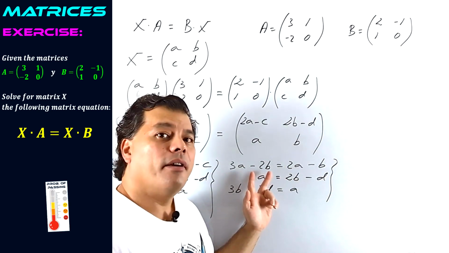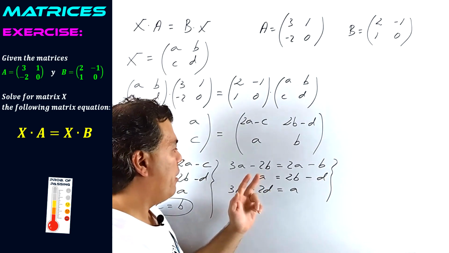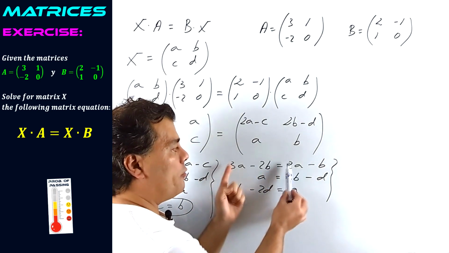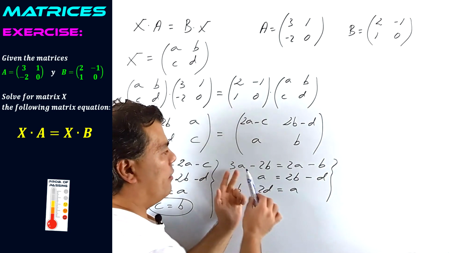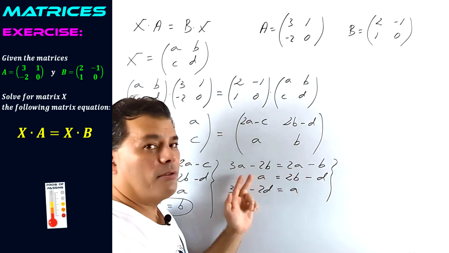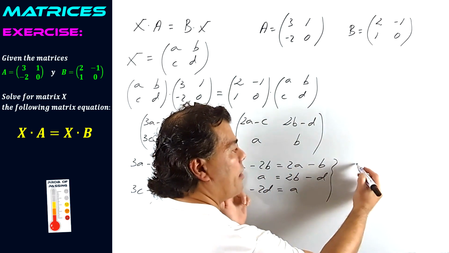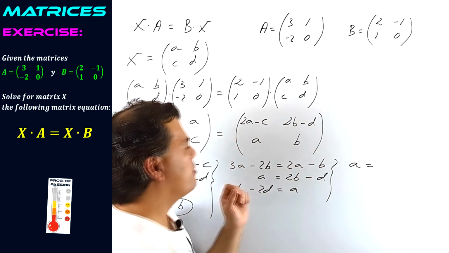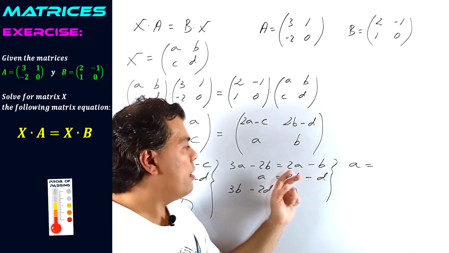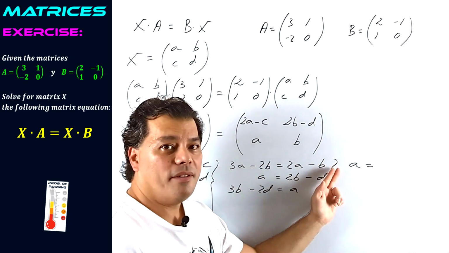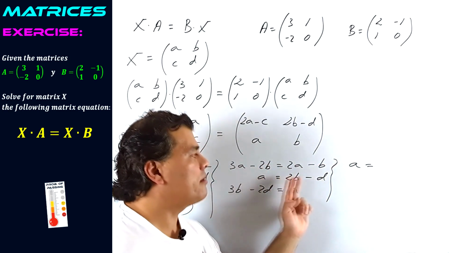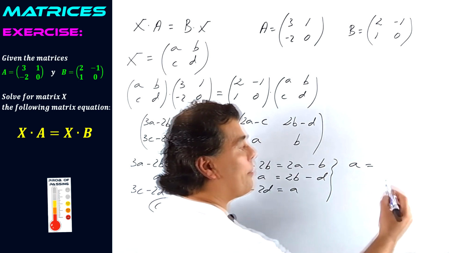Let's clean equation number 1. Well, we can put variables A on the same side. 3A minus 2A, that is A, equals negative B plus 2B, negative B plus 2B equals B.